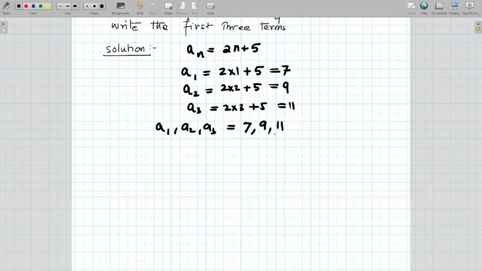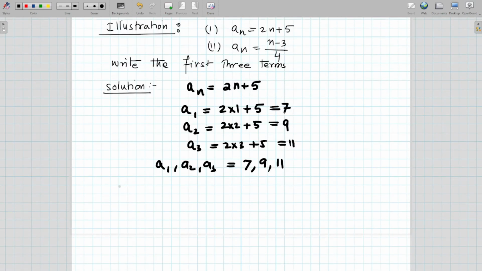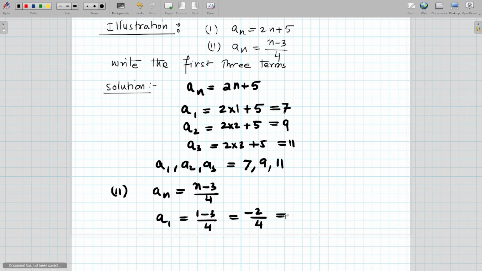Let us go to the second part. The second part says an is n minus 3 upon 4. So let's find a1 will be 1 minus 3 upon 4. Answer will be negative 2 upon 4, negative 1 upon 2. Simplified version. Similarly a2 क्या होगा? 2 minus 3 upon 4.